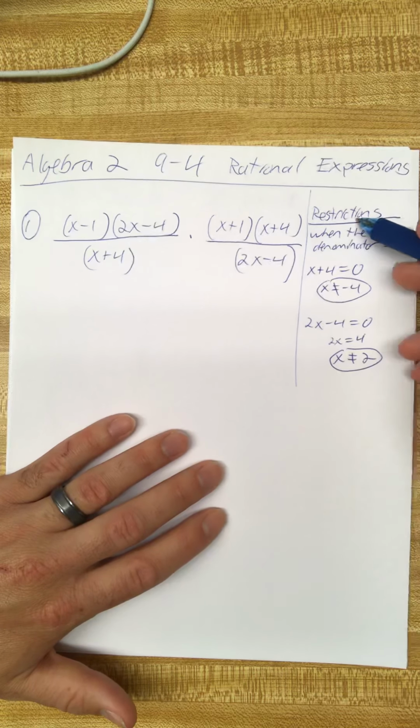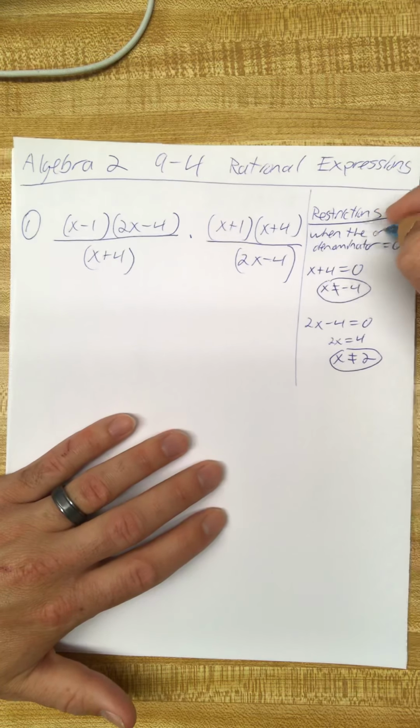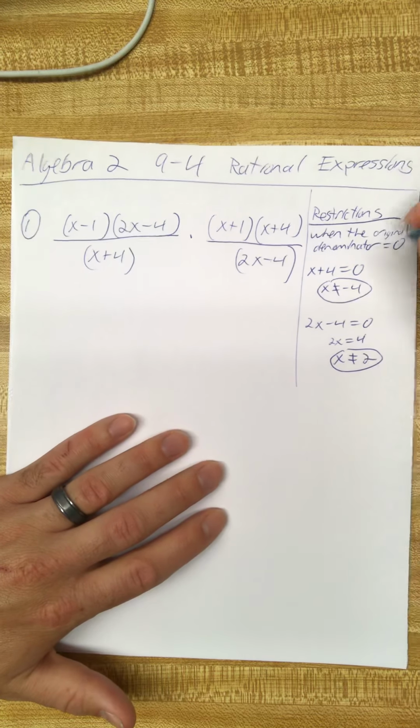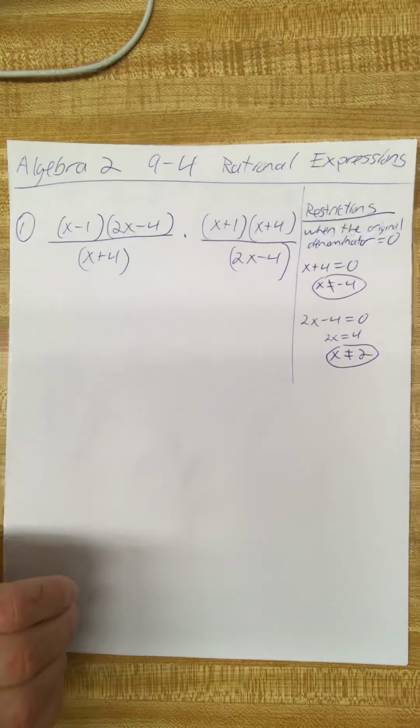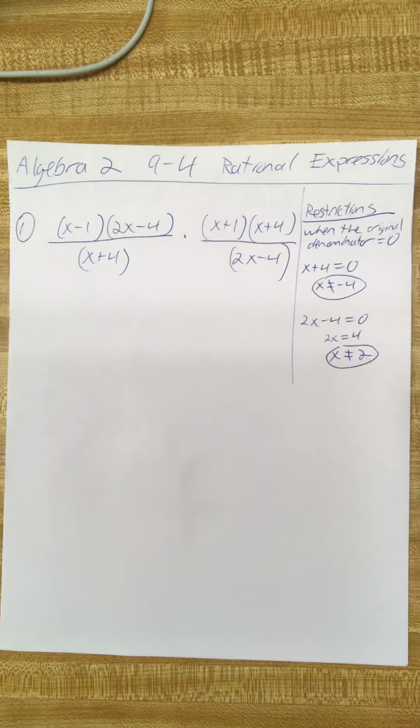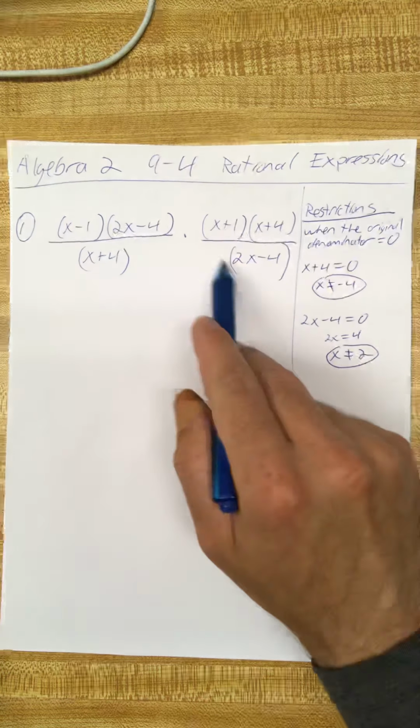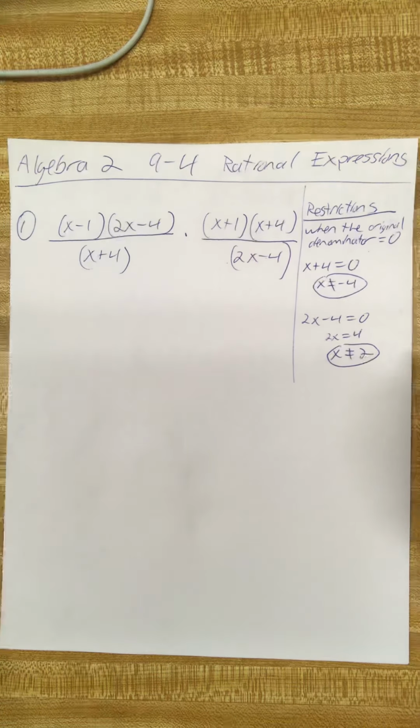So again, first thing you always want to do is figure out those restrictions. And that's when the original denominator is 0. Do those restrictions before you start to factor and simplify, okay? Take those original denominators, set them equal to 0.